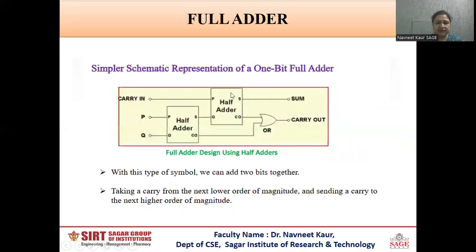The sum bit of the first half adder is given to the input of the second half adder, and this is the sum of the whole full adder. The carry outputs of both the half adders are given to the OR gate and will generate the carry output of the whole full adder.